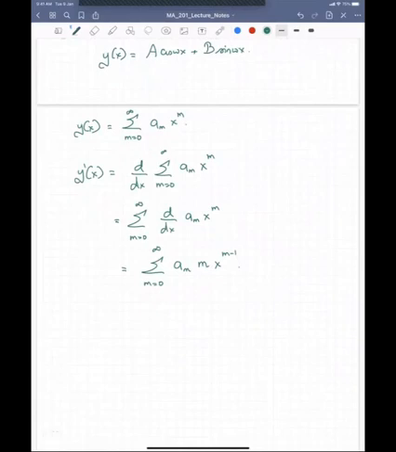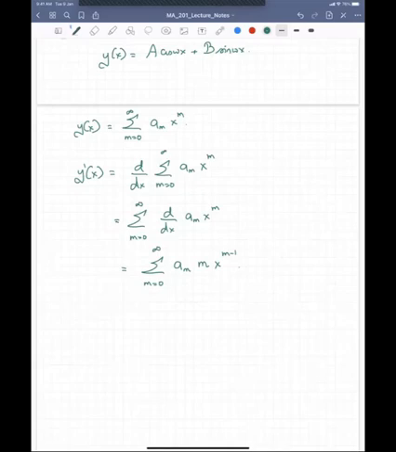So if you look at a power series like this, the first term in y is obviously a0, but the first term in y prime is not the m equals 0 term. Automatically the m equals 0 term vanishes, so I don't have any fractional powers of x or inverse powers of x, because the m equals 0 term, since it's multiplied by m, is equal to 0.